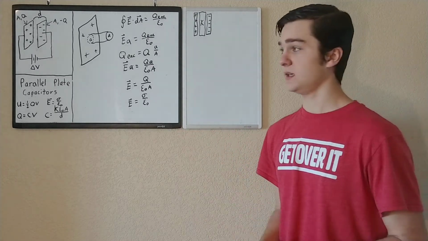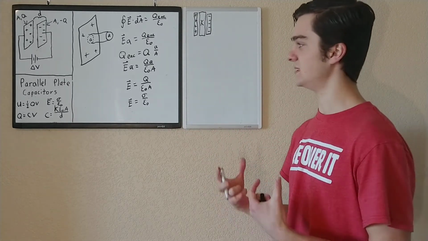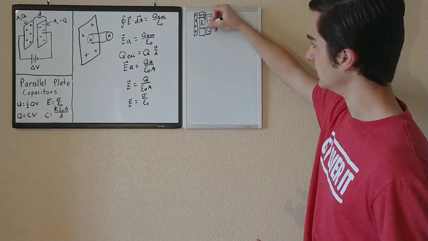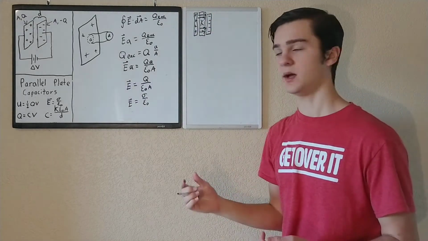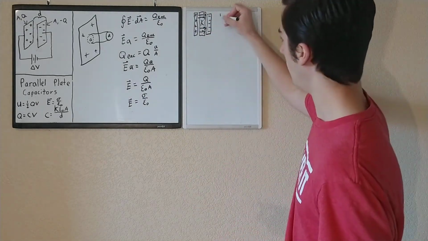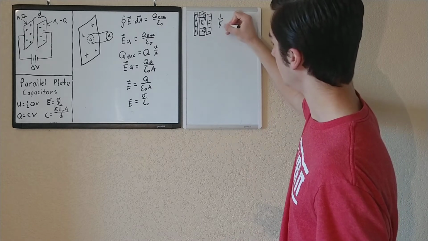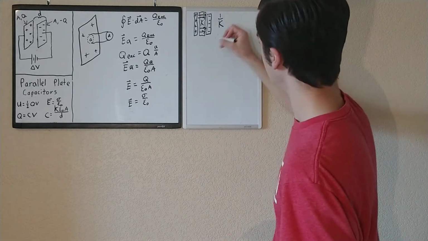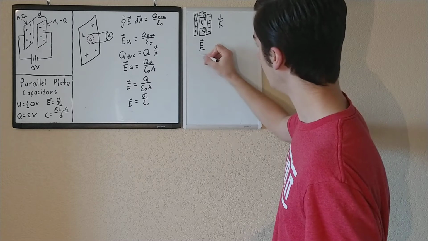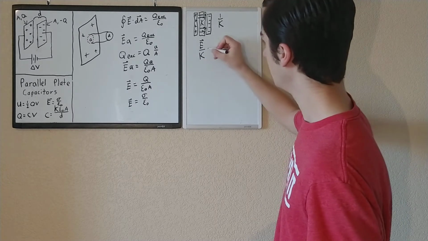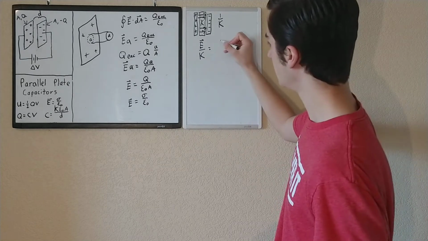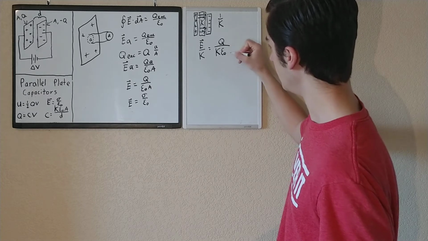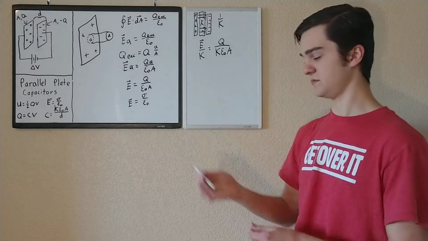The result of this is that the electric field between these two plates, which had some constant value, gets scaled down by the dielectric by some amount, 1 over kappa. So the new electric field, once we insert that, is going to be the electric field over kappa, which for us is just equal to Q over kappa epsilon naught A, using this value right here.